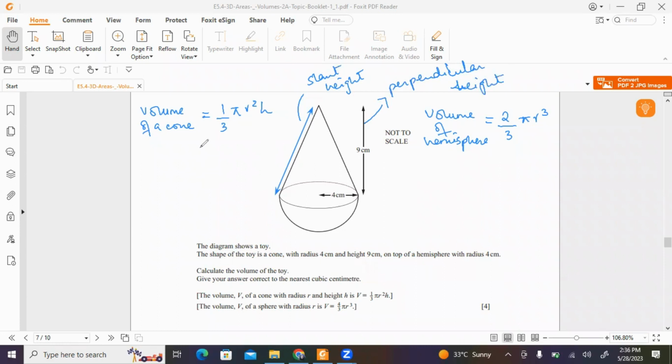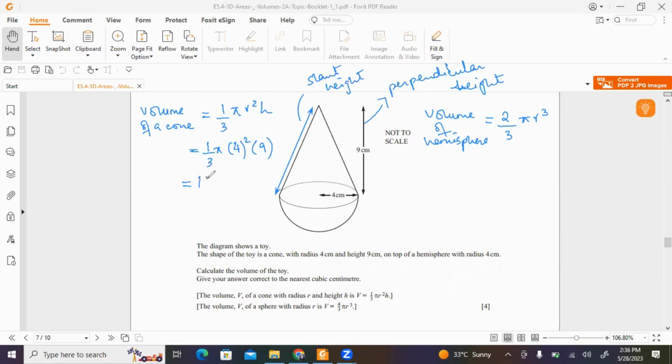So back to the question, we substitute the values: 1 over 3 pi times 4 squared, because radius is 4 and height is 9. So that is going to give us 4 squared times 9 times pi divided by 3.